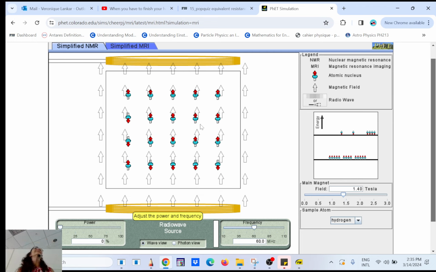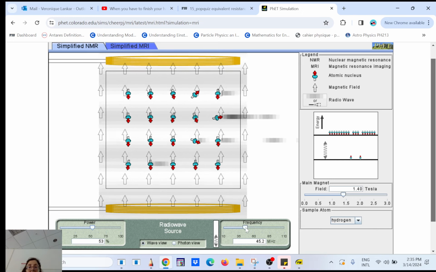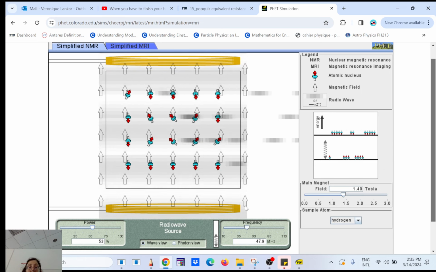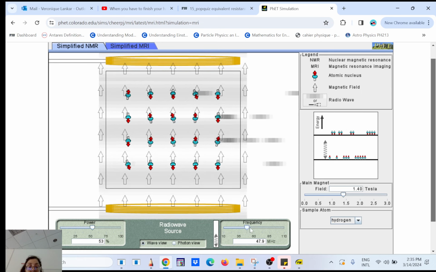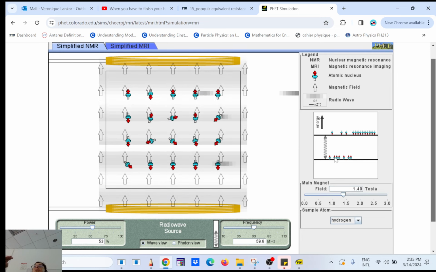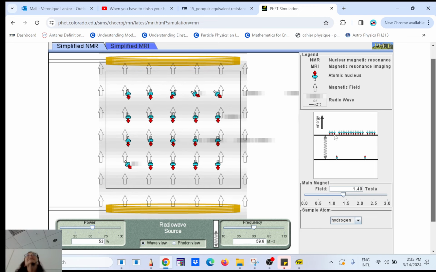Is that clear? So what you do, you're going to start sending a radio wave. I'm cheating here, but if that radio wave tries to excite those nuclei, nothing happens. But if you have exactly the right frequency, you're going to excite them. You're going to bring those nuclei to a higher level of energy. So now they are excited.